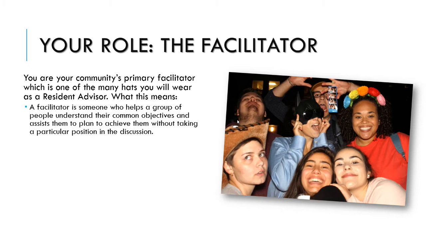Living on a floor, getting to know one another, assisting one another, taking care of one another, being in community and looking out for each other, spending time together. You're the captain of this ship. That is your community, and your hope is to help your residents form those bonds as the facilitator, and really play a role in that process.